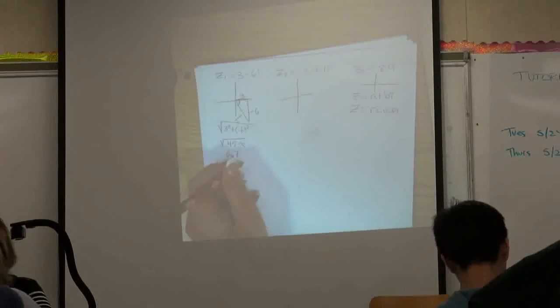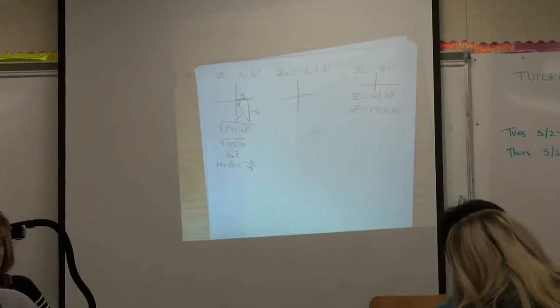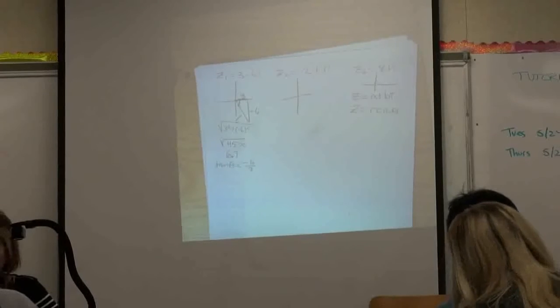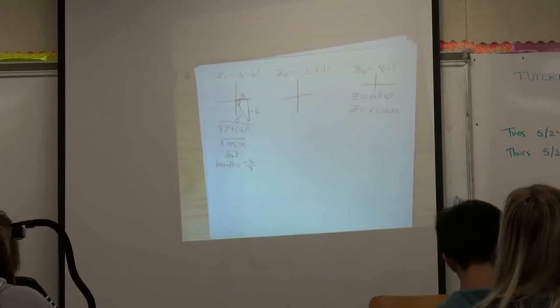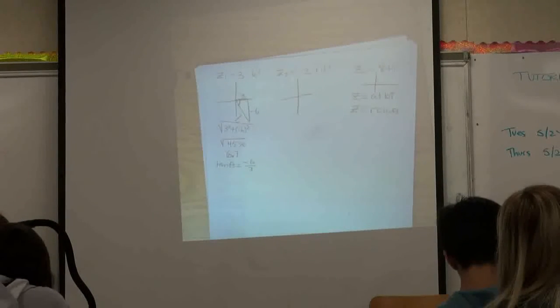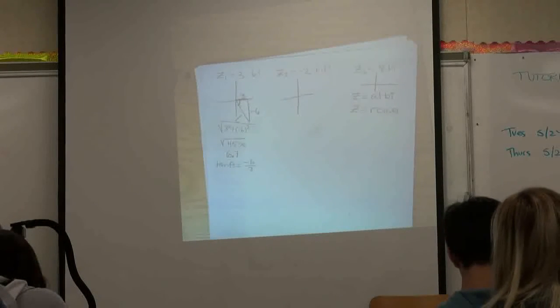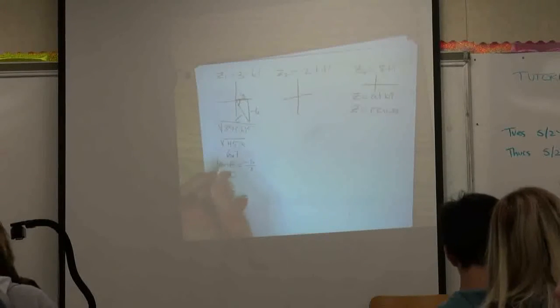So you're doing tangent of theta is negative 6 over 3. Do make sure, honestly, I can't think of a single reason right this minute why you would be in radians. I think you'd be in degrees. So keep your calculator in degrees.